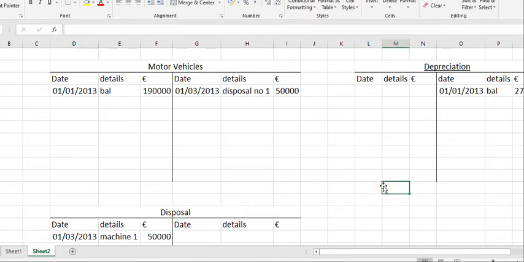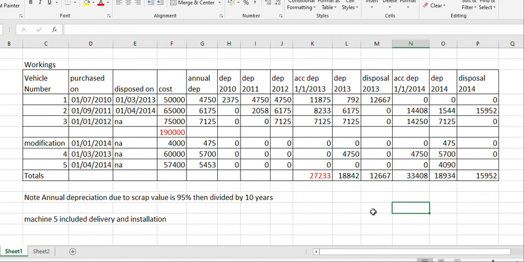Okay, when you dispose of anything, you must also dispose of its depreciation up to that point. So if we go back to sheet 1, we look at the disposal in 2013 of vehicle 1. The depreciation was 12,667.